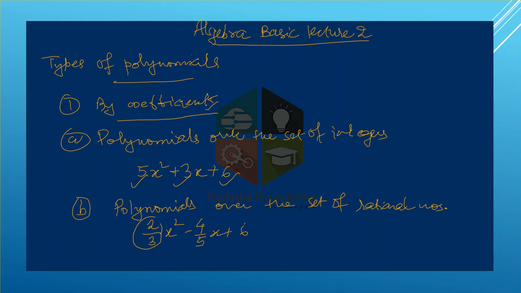Still, this is not an integer. This is not an integer, though this is an integer. But all these are rational numbers. If one category is to be chosen for all these, then these are rational numbers. So this is a polynomial over the set of rational numbers.